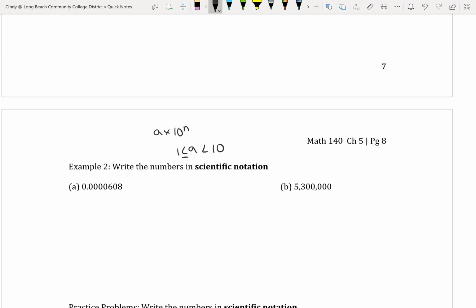I actually wrote this backwards, so good thing I checked. So it can be like 9.8, 9.9, 9.9999999, but it has to be strictly less than 10. It can't be 10. It can't be 2 digits. It has to be a single digit number.